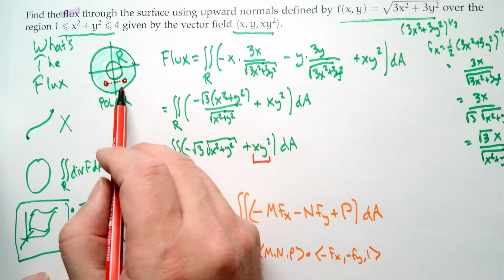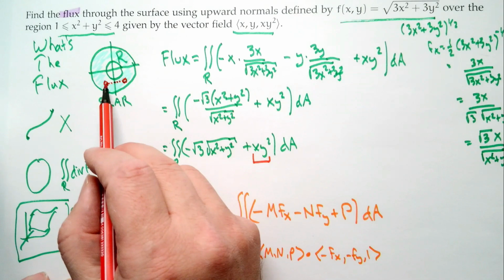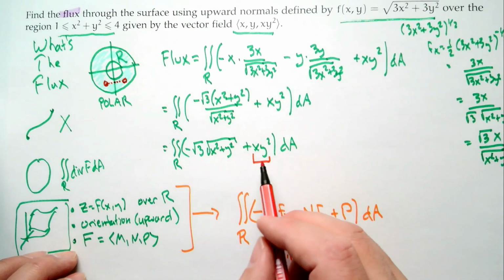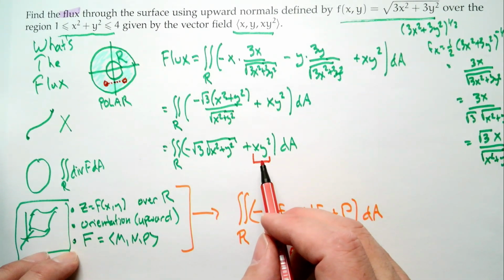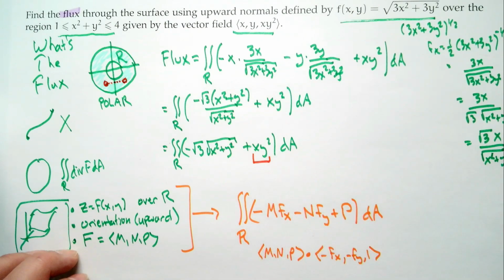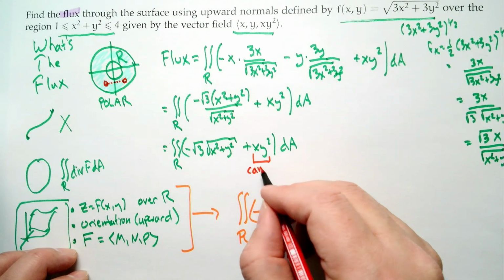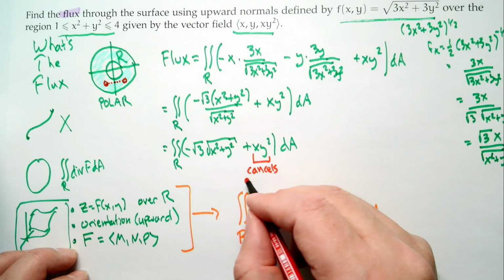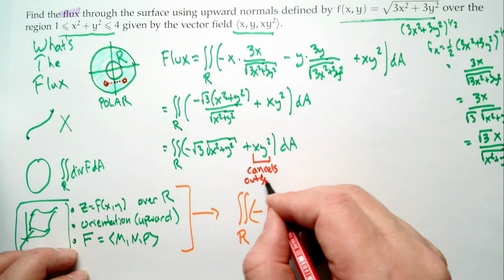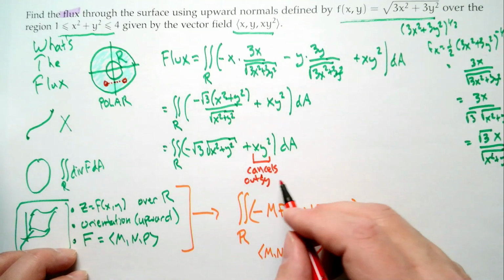In other words, it's the same little part. What happens to the value of this expression? One's negative, one's positive. So what will happen is that you'll get cancellation. So this cancels out by symmetry. Essentially, this is an odd function with respect to the y-axis.